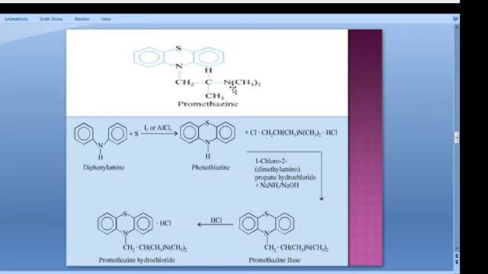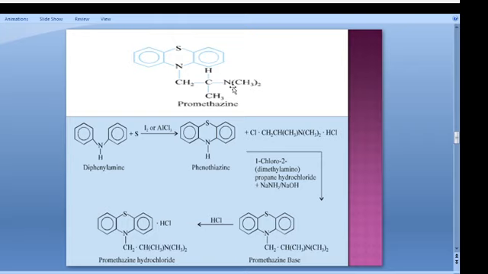We heat above 150 degrees centigrade in a sand bath, and we get phenothiazine. This is then condensed with 1-chloro-2-dimethylaminopropane hydrochloride in the presence of sodamide and alkali, so we get the phenothiazine derivative promethazine.